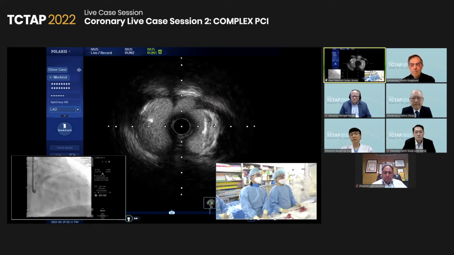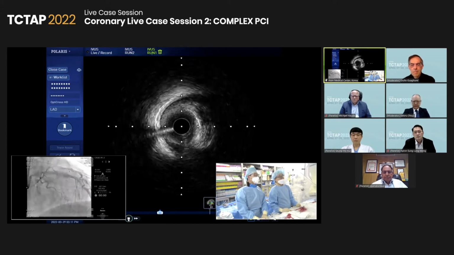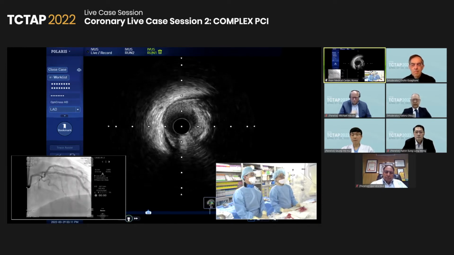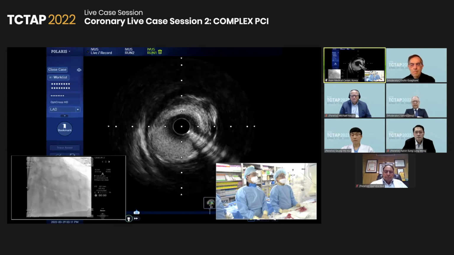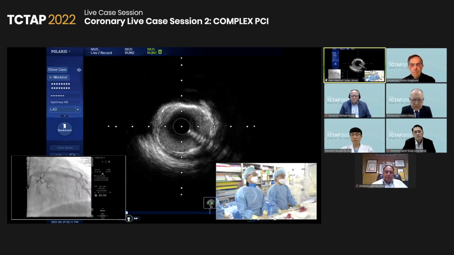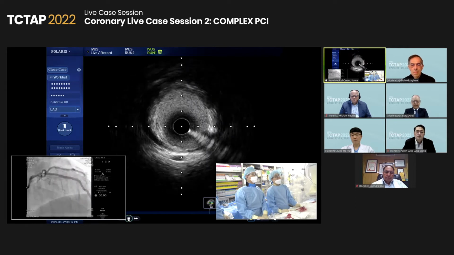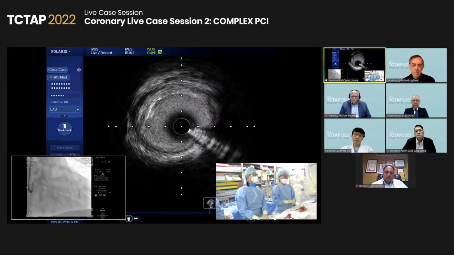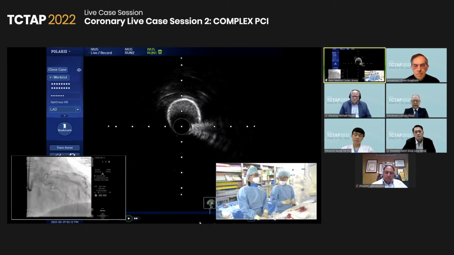The diagonal ostium looks okay. I think this is the narrowest part, and we can see some circular calcification. The vessel size is more than 3.5, and the plaque is huge, more than 80%. This is the proximal to distal left main. We can see a huge amount of plaque burden, and in the mid shaft part of the left main, the plaque clearly extends to the left main ostium. So based on the IVUS findings, we can guarantee which size is suitable for this patient.